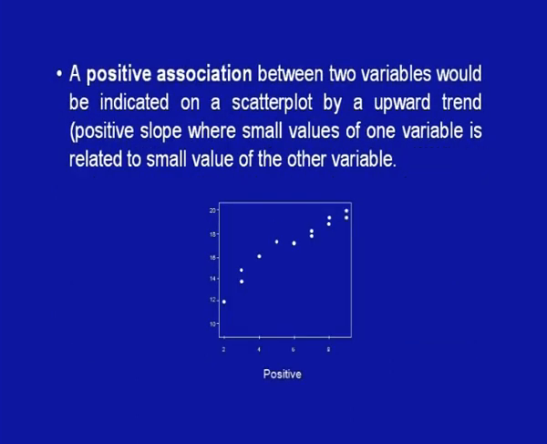The scatter plot, based on its trend, can be categorized as positive association between two variables, wherein we would find an upward trend, that is a positive slope, where small values of one variable are related to the small values of the other variable.